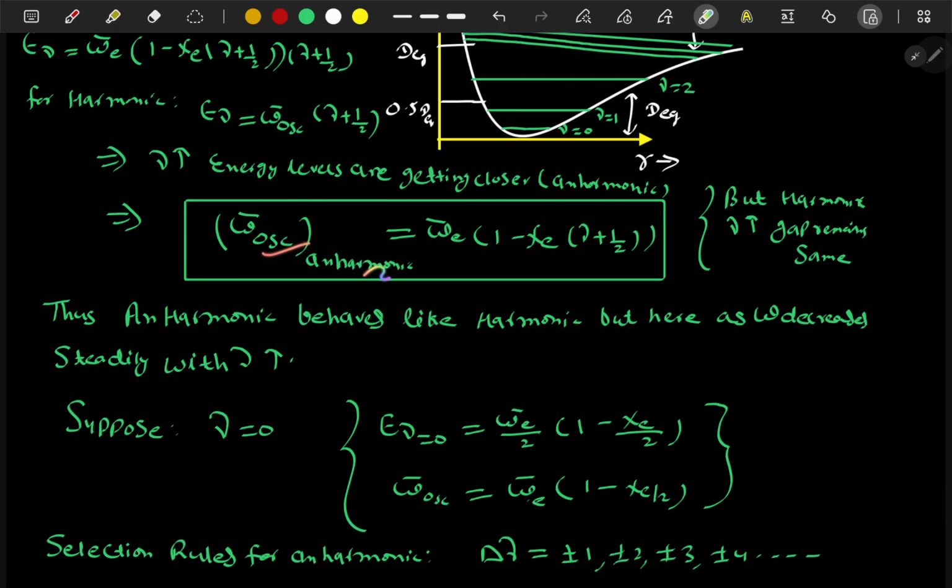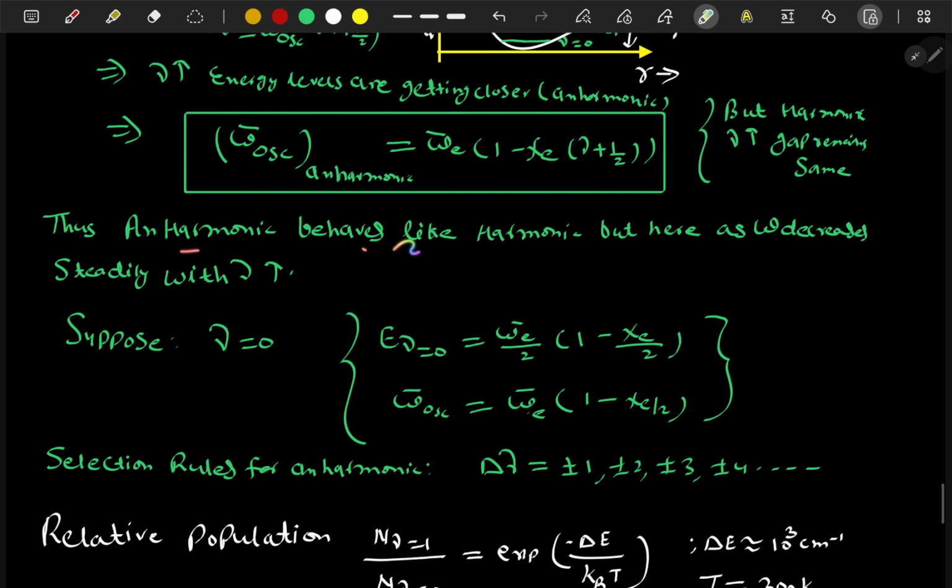So the oscillation frequency for anharmonic is omega_e (1 minus x_e (μ plus 1 by 2)). Thus it behaves like harmonic, but here omega decreases steadily as μ increases. So only one difference is there: in harmonic, omega was constant, but here omega is decreasing with increasing μ.